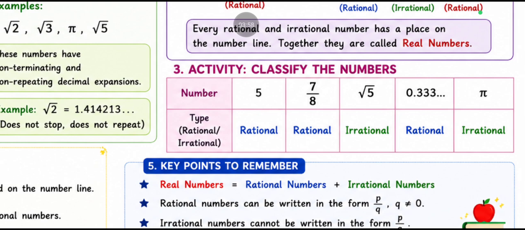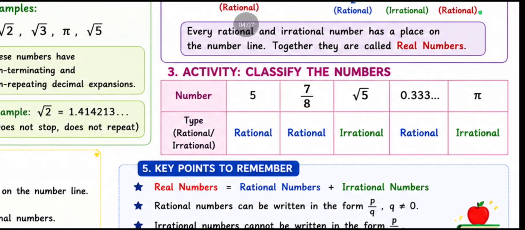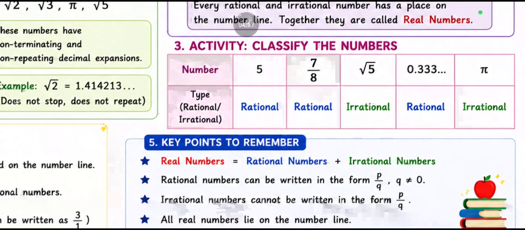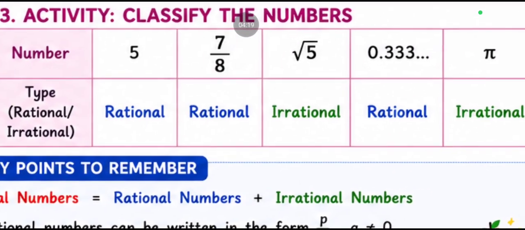And 7 by 8 is a rational number, because a decimal value of 7 by 8 comes out. So this is also a rational number. And 0.333 and so on is also a rational number, because it can be written in the form of p by q.